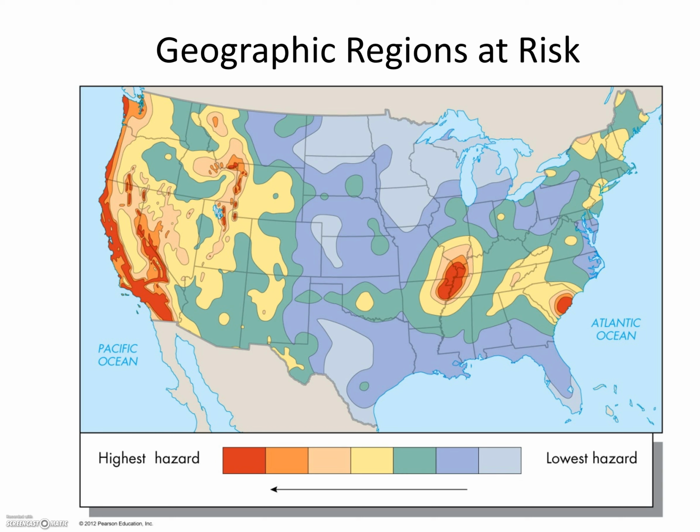Along California's coast is strike-slip faulting along the transform plate boundary. In the Intermountain West is extensional normal faulting causing mostly moderate earthquakes.